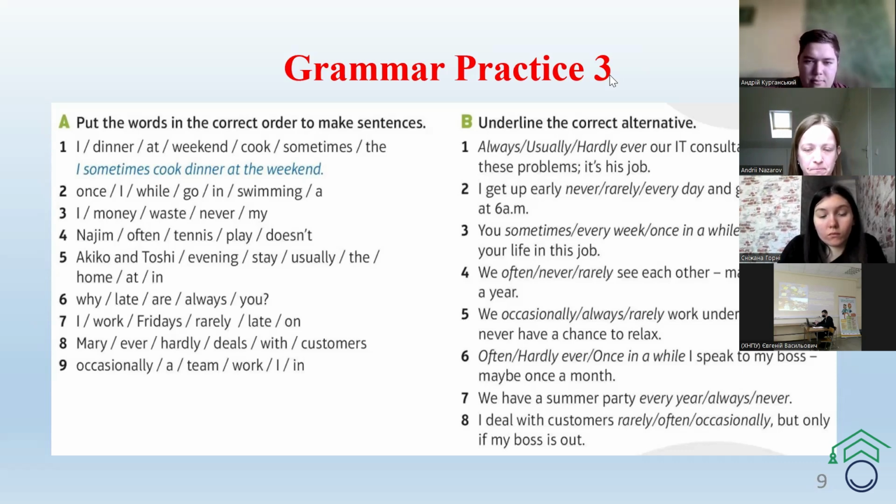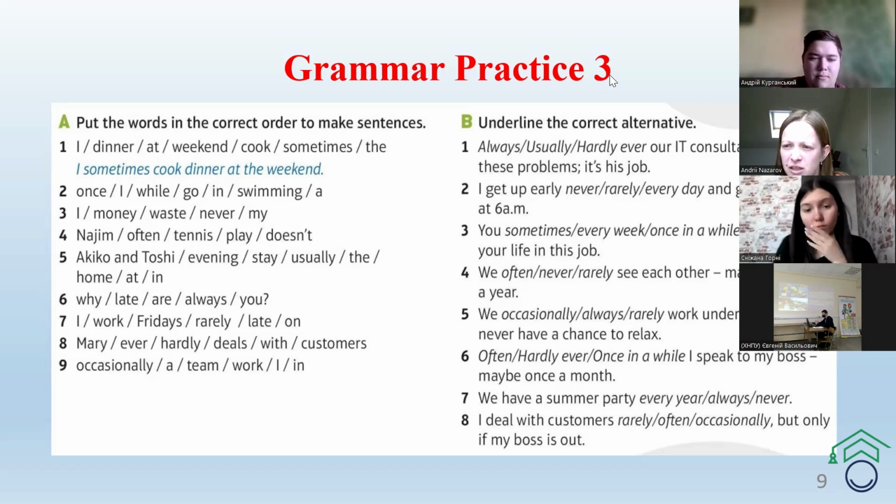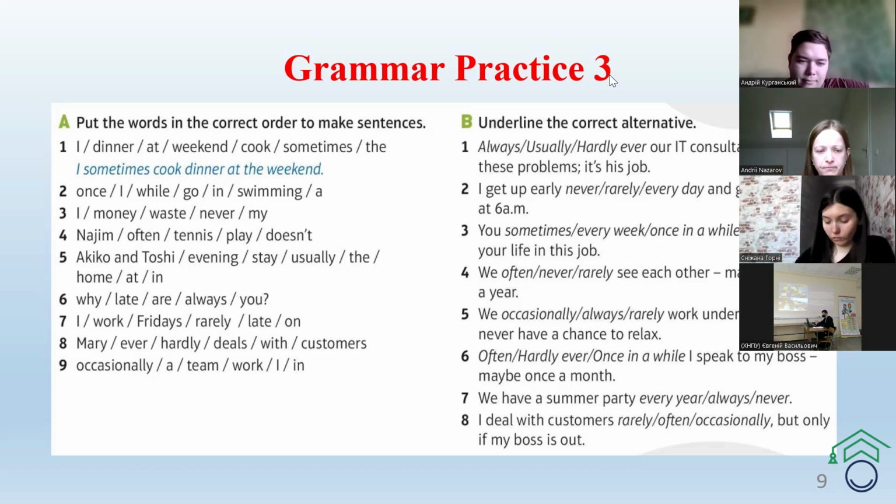Are there any other variants to do this sentence? Occasionally, not often, rarely, yes? I occasionally work in a team. Yeah, you put occasionally before the main verb. Are there any other variants?